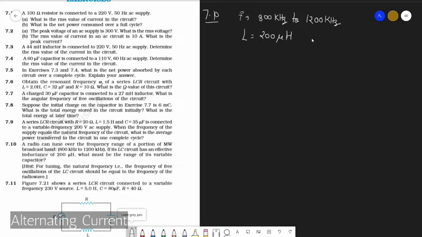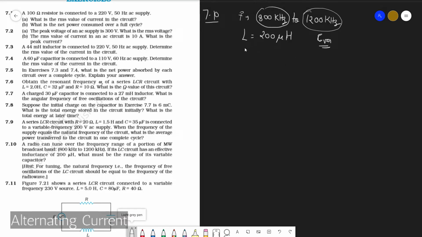So we need to find the variable values of C. He is saying that the radio is tuning from 800 kilohertz to 1200 kilohertz. Between these frequencies there might be different channels, and you need to tune into them.